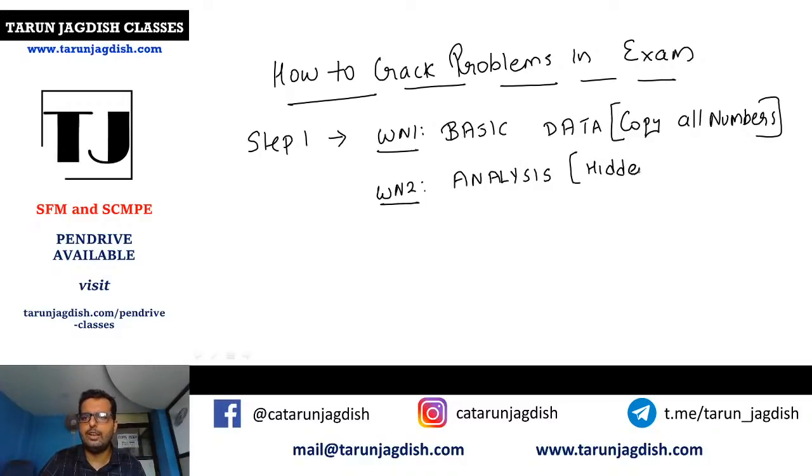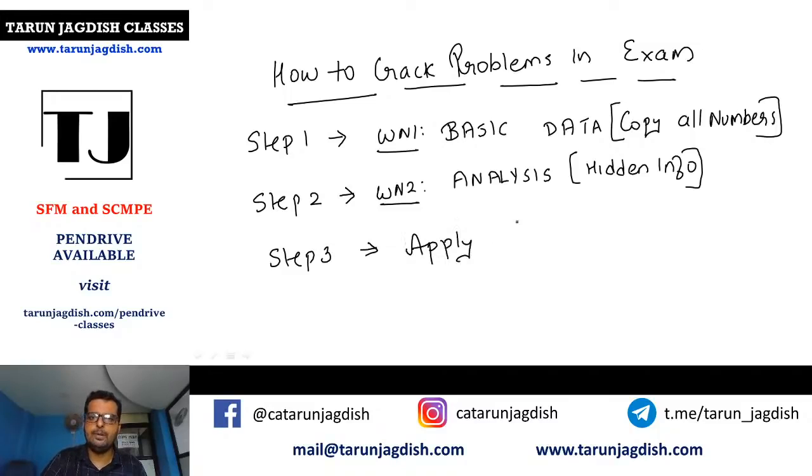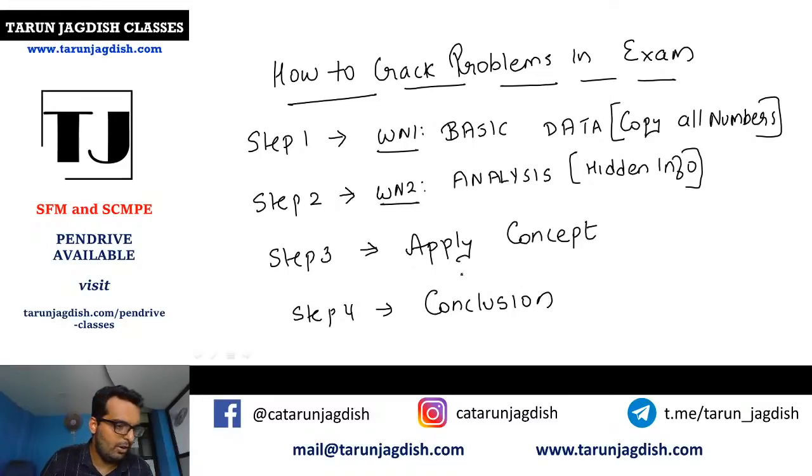Here you should find out the hidden info. I will explain to you what that means. So this is what I will call step number 2. Step number 3 will be, once you do these two things, we should apply the concept which I am teaching you. And finally, we will go to step number 4, which will be the conclusion. Alright. First, write down these 4 steps. Then I will explain the meaning of these 4 steps one by one. Can you please write down this in your books?